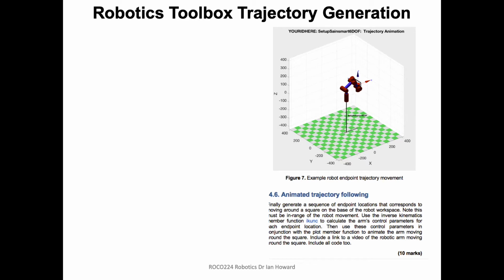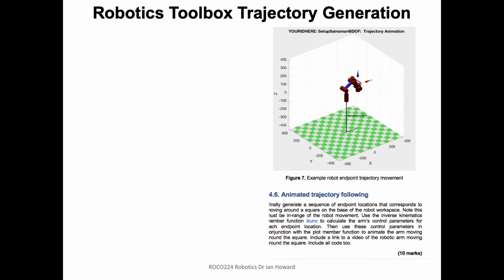So given the endpoint that you want it to be at, it will tell you what the angles of the robot arm are. And if you give it a lot of points, one after another, it'll tell you all the corresponding angles. And then you can just go through all of those and actually get the robot arm to follow it.